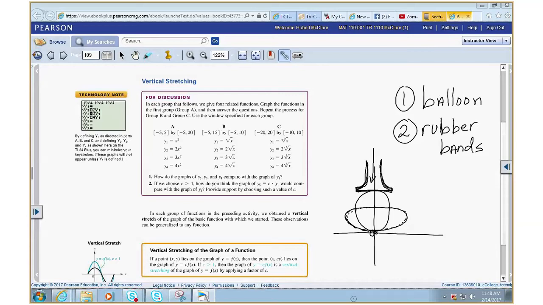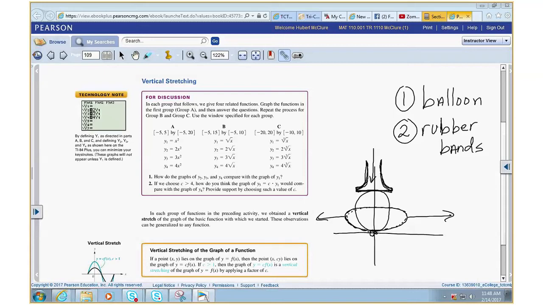It's compressing along the y-axis. Everybody get that? What's it doing along the x-axis? It's stretching. Think of a rubber band pulling like this, or take the sides of the balloon and think about it like that.